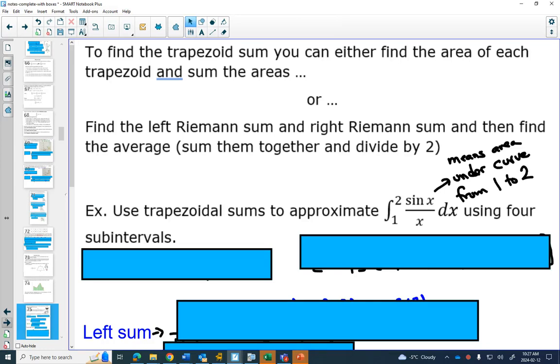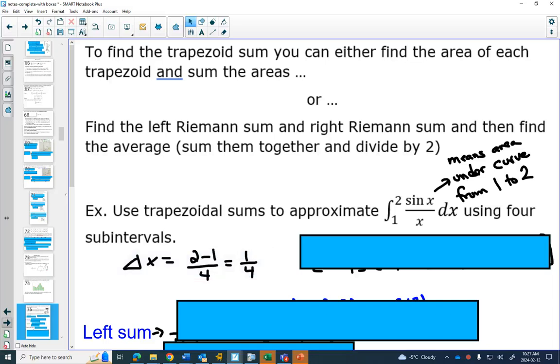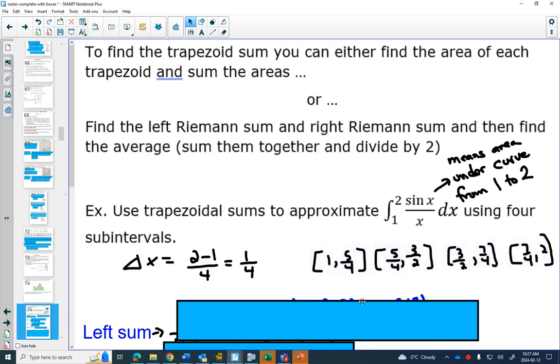And remember that area under the curve was the area between the curve and the x-axis, with stuff above the x-axis positive, below the x-axis negative. We'll use 4 subintervals. So from 1 to 2, the distance is 1, so 4 subintervals would be 1/4 each. These are our 4 subintervals.